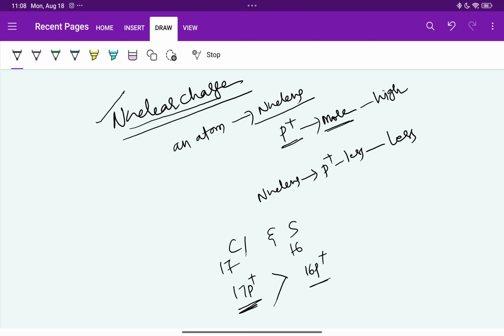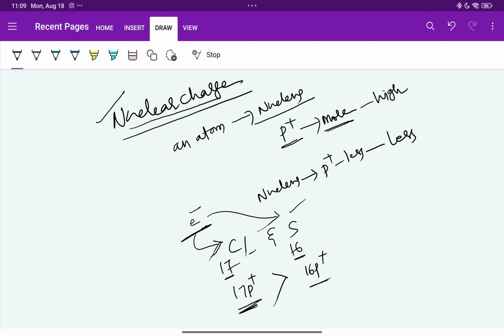So the chlorine nucleus is stronger than sulfur. When you add an electron to chlorine as well as sulfur, chlorine takes the electron more easily, because the chlorine nucleus is very strong with 17 protons, while sulfur's nucleus, with just 16 protons, is less energetic.